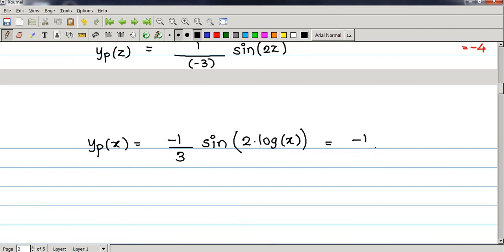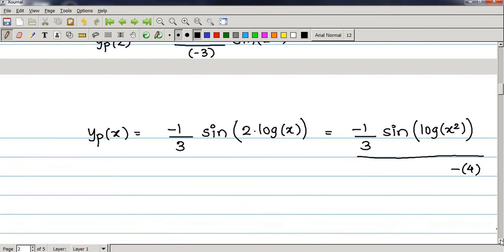We can rewrite it as minus 1 by 3 sine of log of x square, and now we denote it by equation number 4.